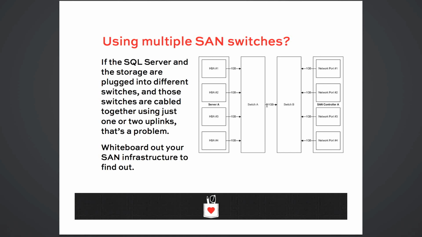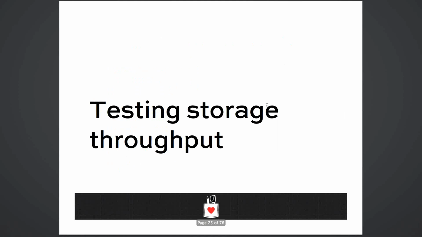And then sketch all of that out to figure out where the slowest links are, because SAN admins rarely have the time to monitor each port in the network, just like you don't monitor network port utilization in your SQL Servers. You've got better things to do, like try and figure out if the databases are even up and online at any given time. So we're going to have to test this.